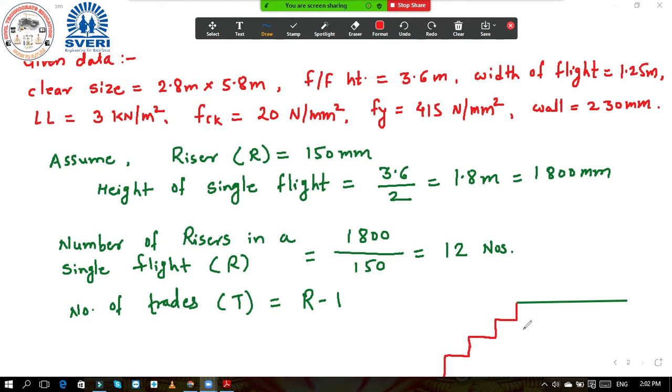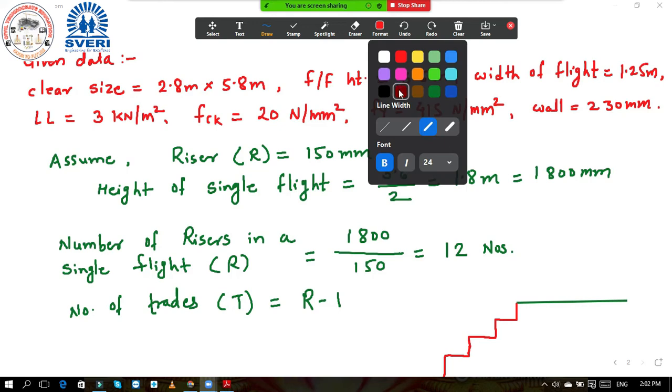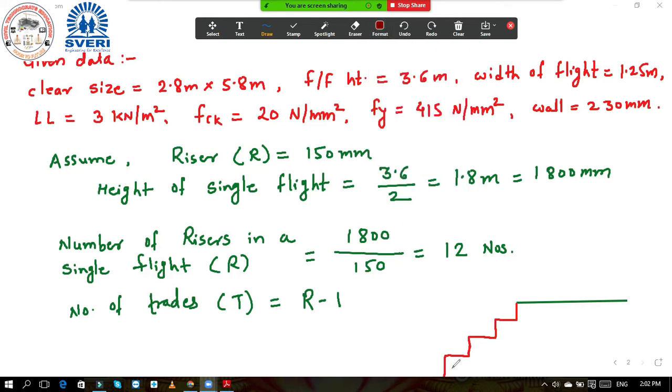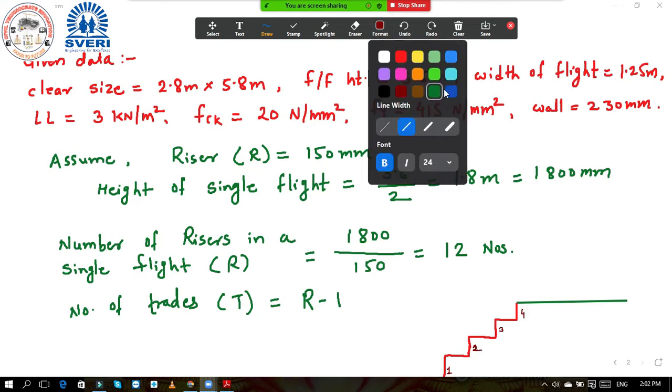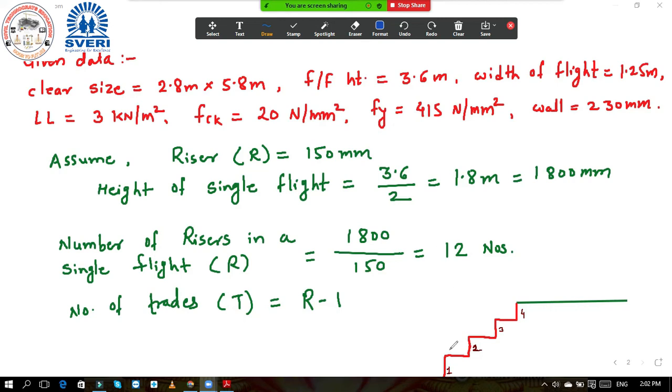Okay. Now you see over here, if I count the risers, how many risers are there? This is one, this is two, three, and four. Four risers are there. Now if I count the treads, here you can see this is the first.